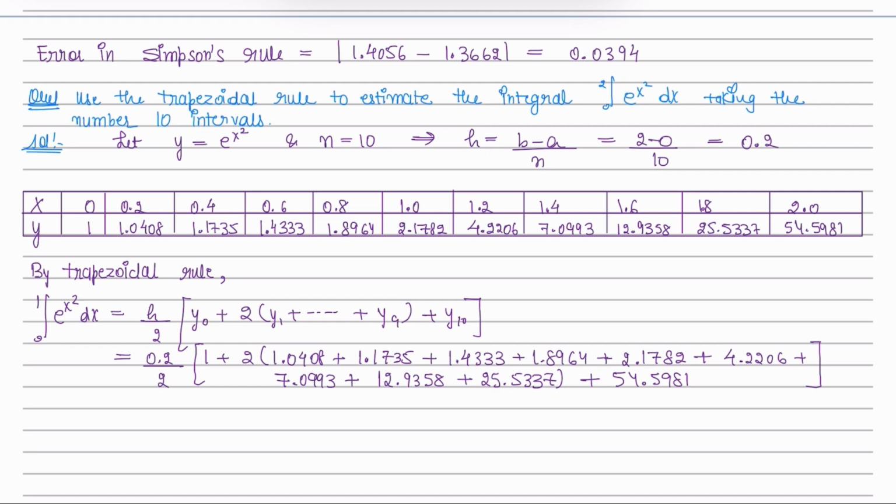Calculating all these terms, this integration value will be equal to 17.0621.